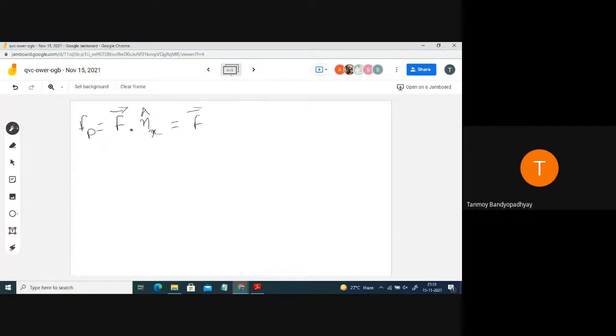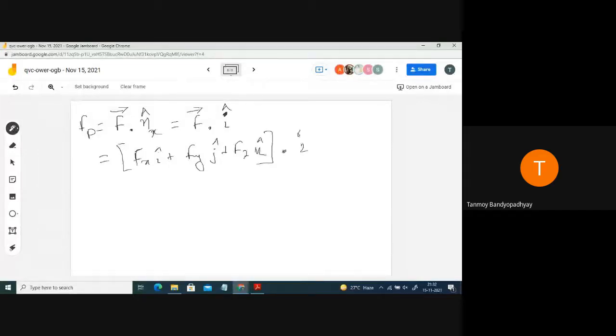I need to find the projection in the i cap direction. Unit vector in the x-axis means i cap direction. Clear? So this is actually fx i cap plus fy j cap plus fz k cap dot i cap.